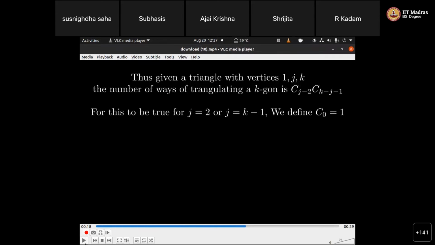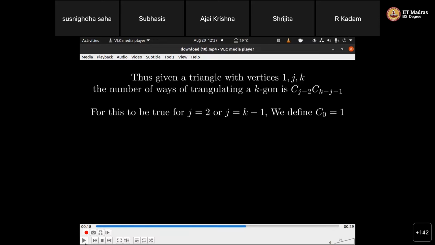So given any particular triangle through the edge, for this value of 1, j, and k, the ways of triangulating the k-gon are basically the ways of triangulating the smaller polygons. So for the j-sided one, we'll have C_{j-2}, and for the (k minus j plus 1)-sided one, we'll have C_{k-j-1}.